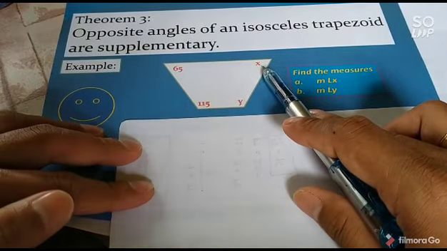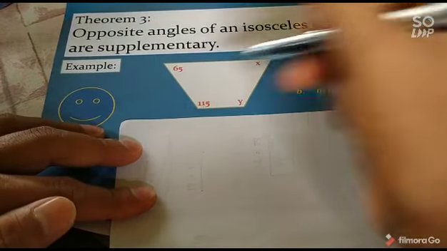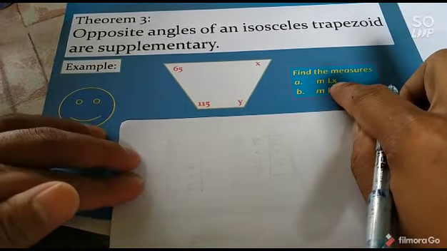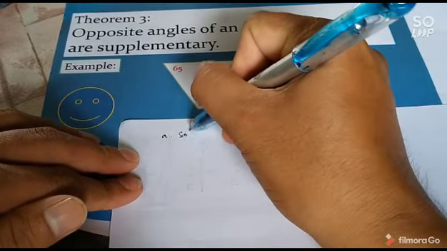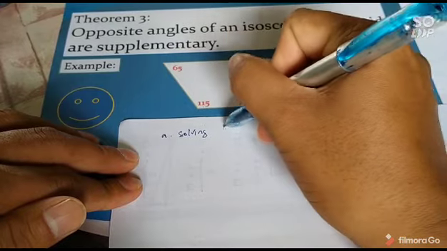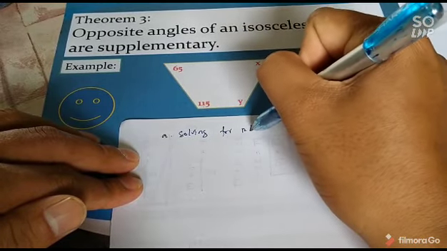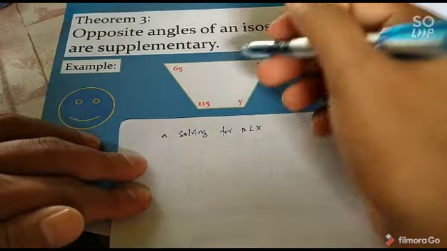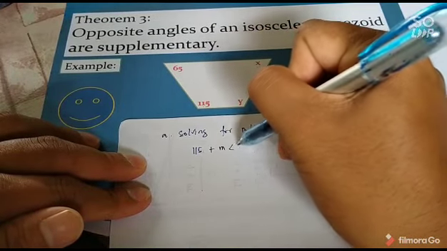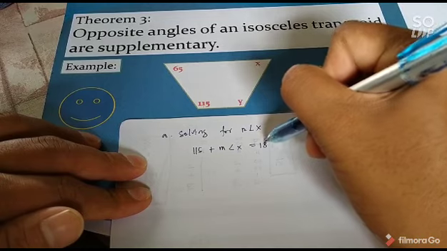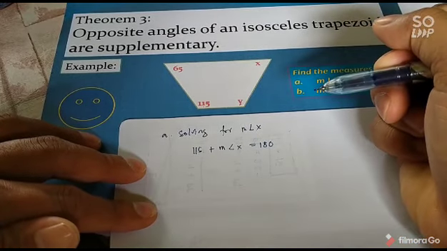So we can therefore formulate our equation to solve for the measure of angle x. Solving for the measure of angle x, you would have the equation 115 degrees plus measure of angle x is equal to 180 degrees.